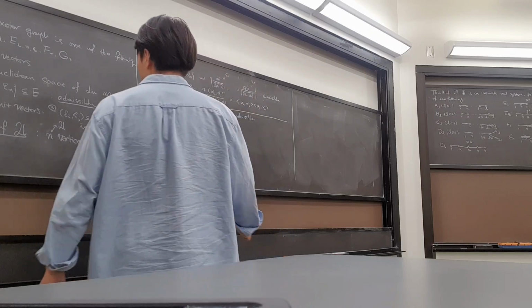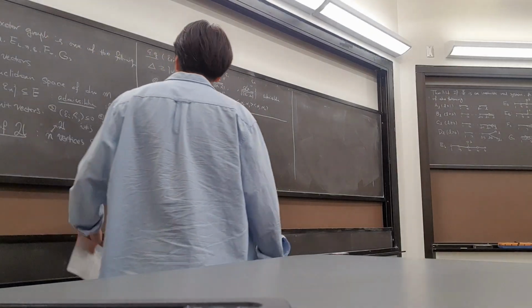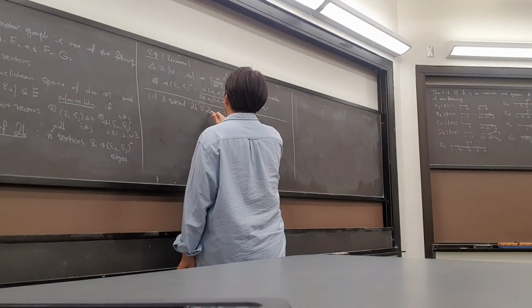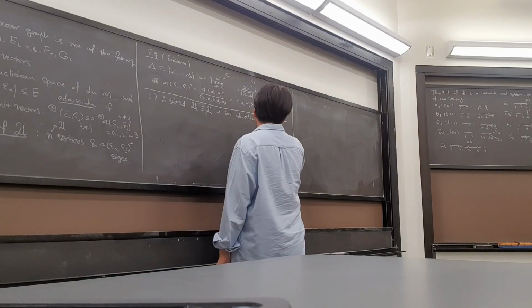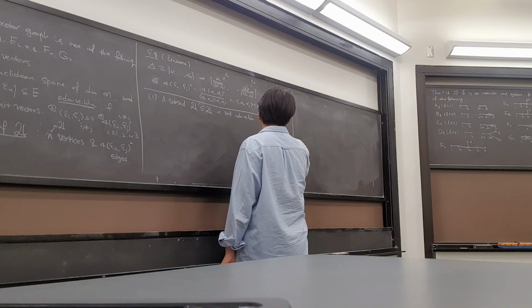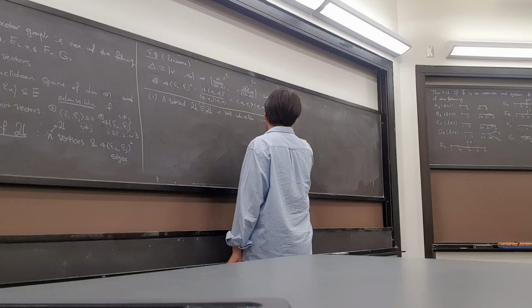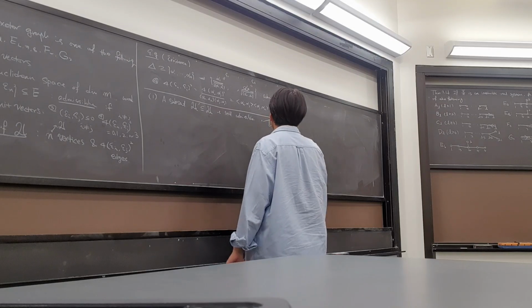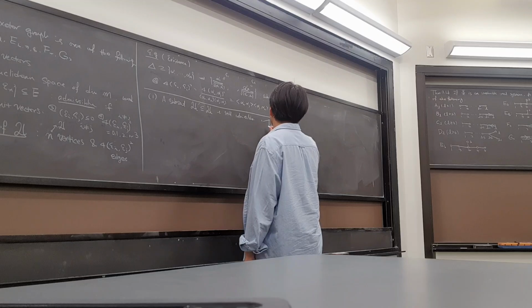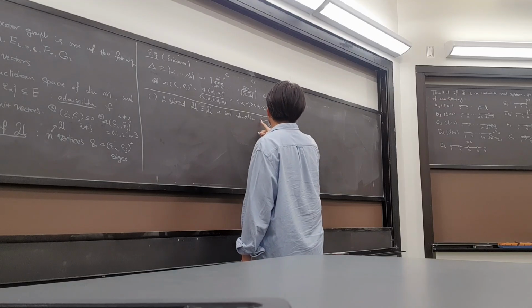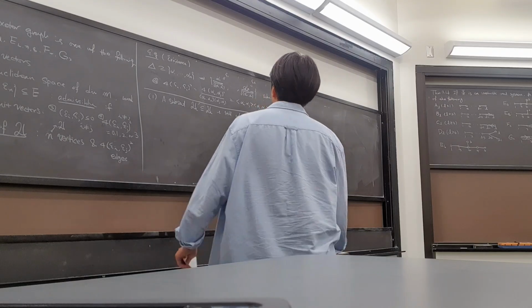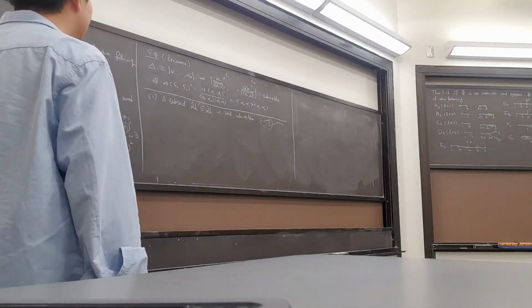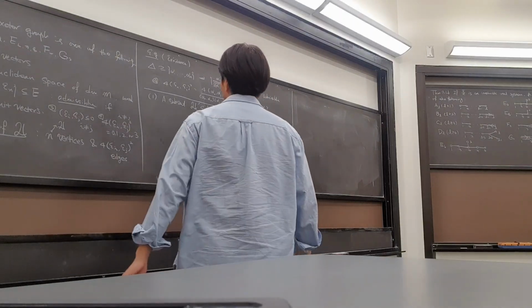This is very obvious, because if you consider the graph, it has a graph like the Coxeter graph. For example, you can choose a subset like this, and it still has a graph like a Coxeter graph. So this is admissible, obviously.